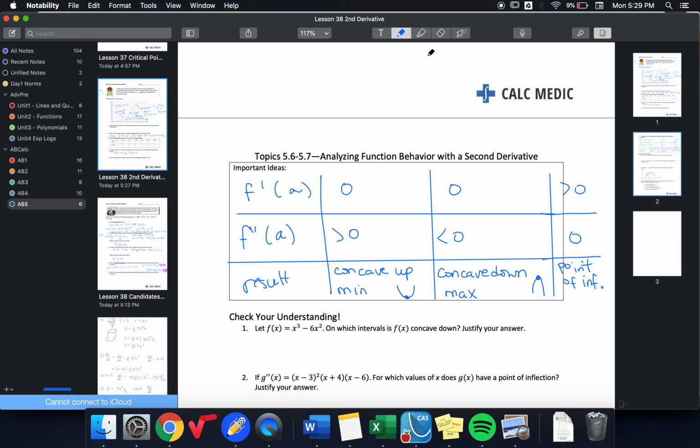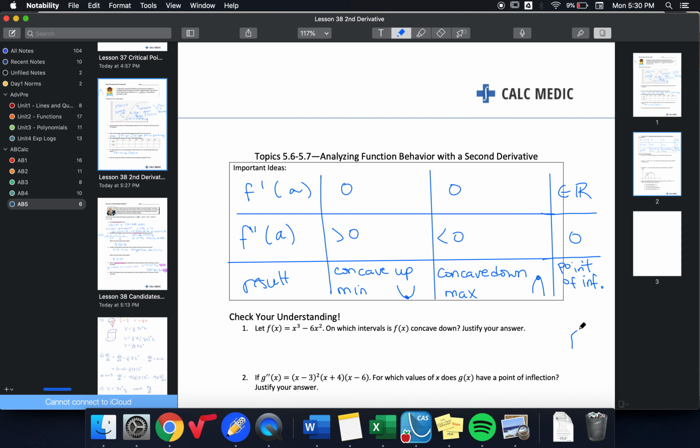And actually, I'm going to come back here and say this can be any value. A second derivative of 0 is a point of inflection. If the first derivative is also 0, that's a stationary point of inflection.